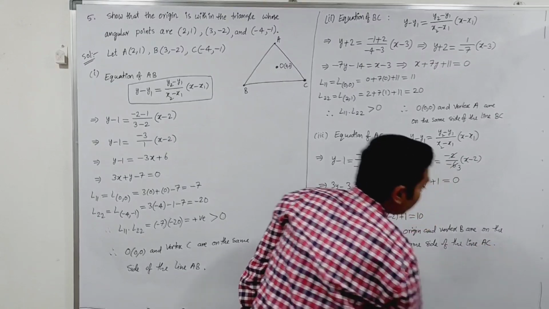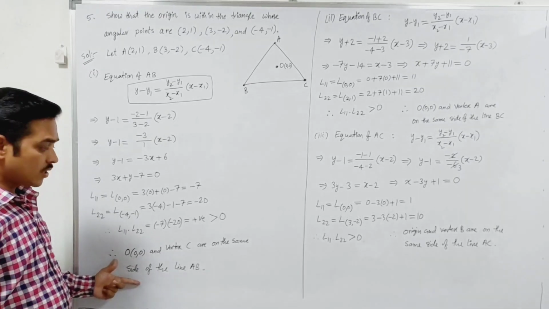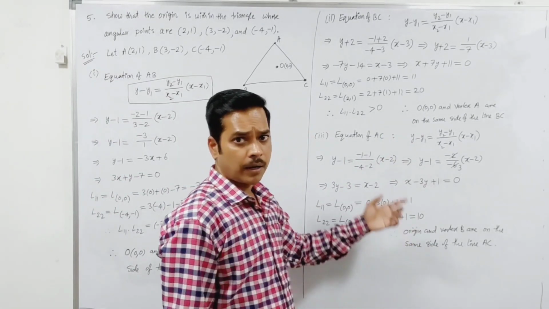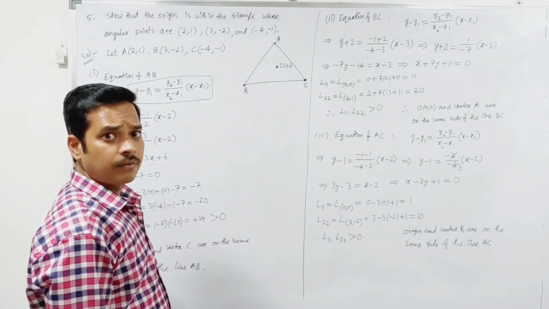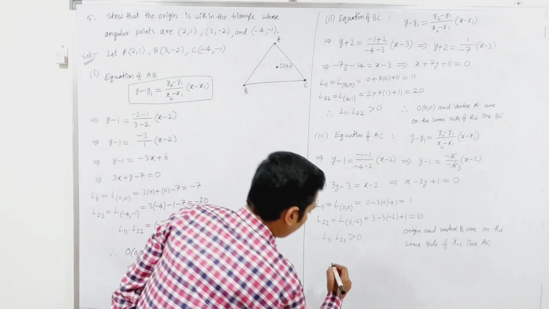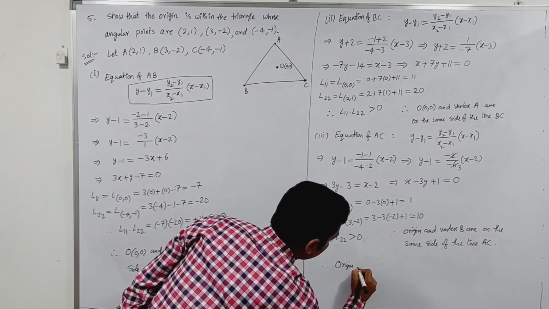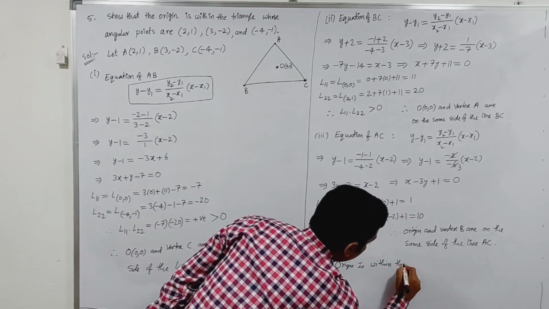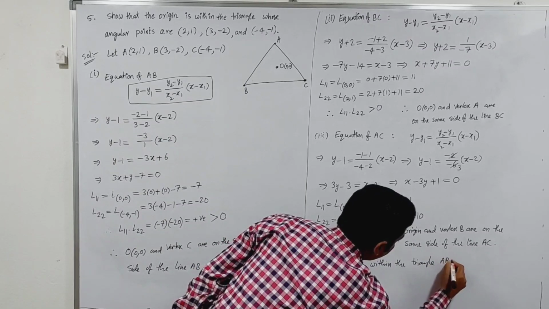By using these three statements, this is the first statement, this is the second statement, and this is the third statement, we can say that the origin is within the triangle ABC.